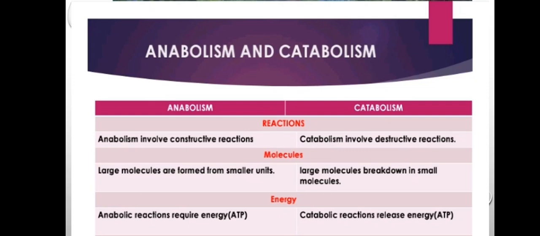Next heading is about energy. Anabolic reactions require energy in the form of ATP. Catabolic reactions release energy in the form of ATP. In anabolism, energy is required, and in catabolism, energy will be released.